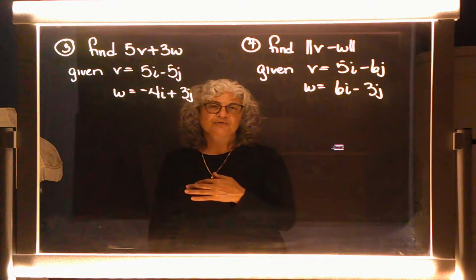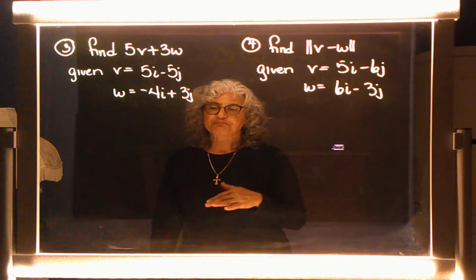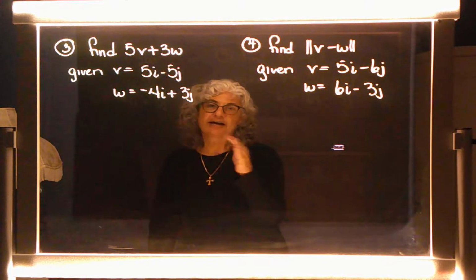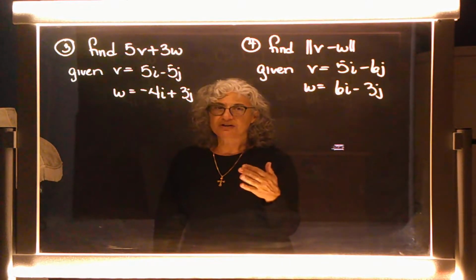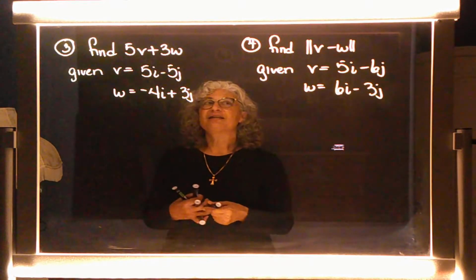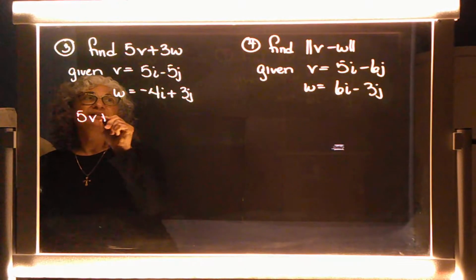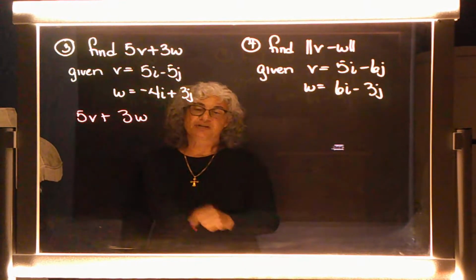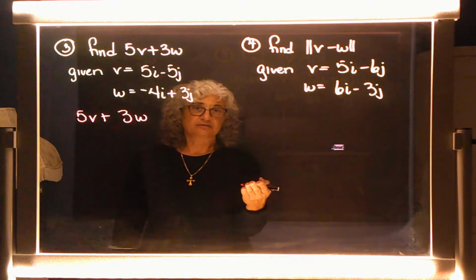I know we have those algebra on vectors components that I gave you, what it looks like when you add a couple of vectors, subtract them, etc. Let's not overthink this. This is asking us to find 5v plus 3w. Well, this is 5 times v and 3 times w, yes? Okay, well, don't we know v?